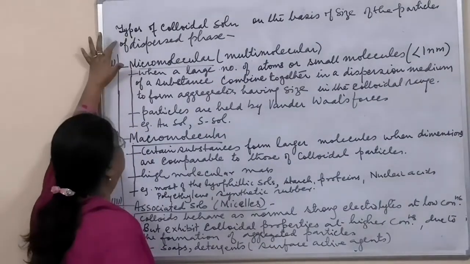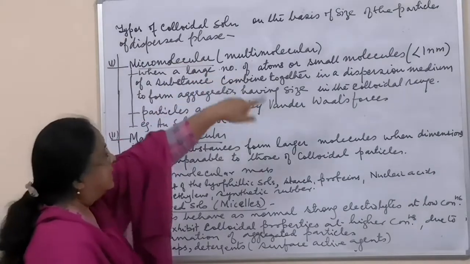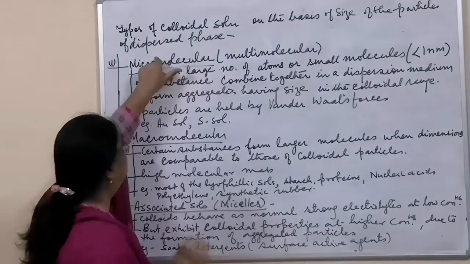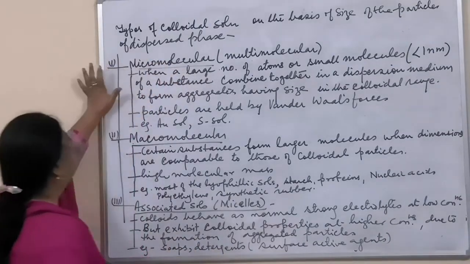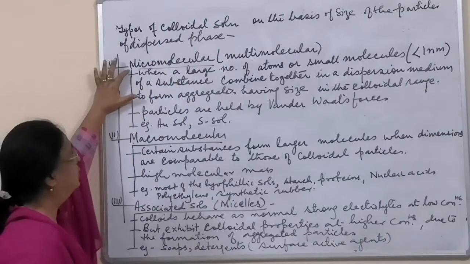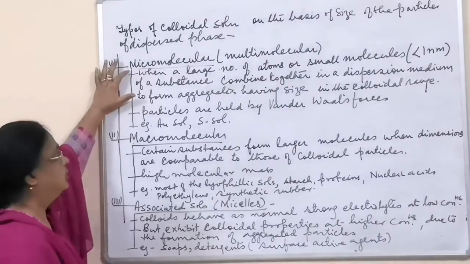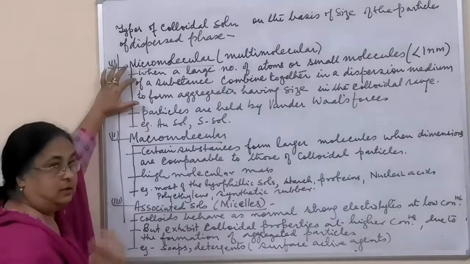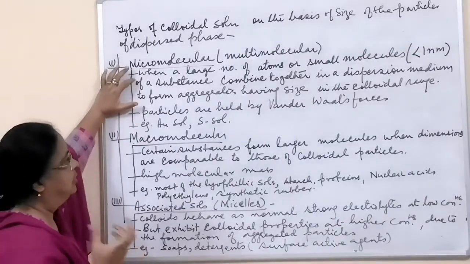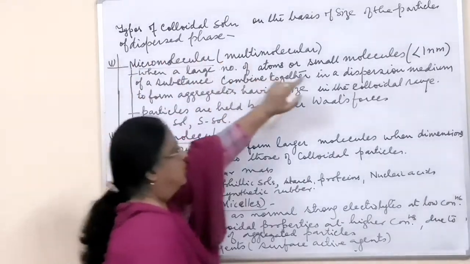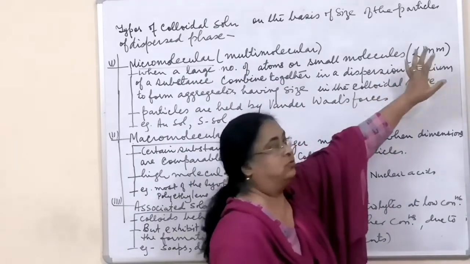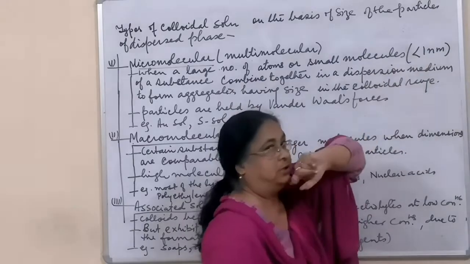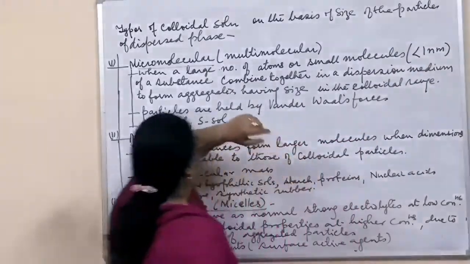Now, types of colloidal solution on the basis of size of the particles of the dispersed phase. Solute particles, how big are they? First is micromolecular. Micro means small, also called multimolecular. In that case, either very small atoms or very small molecules, how small? If the size is less than 1 nanometer, while colloidal particles must have size from 1 nanometer to 1000 nanometers.